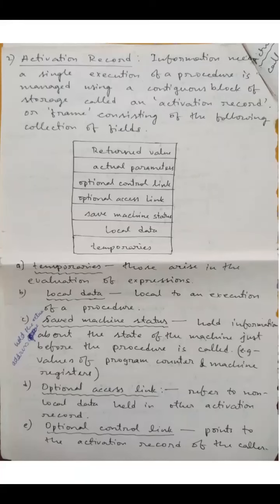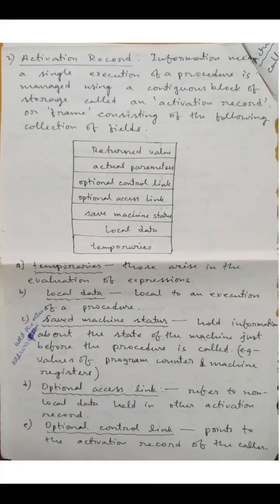So different types of information should be stored by the runtime environment. This information is stored in a record format that is called an activation record. So an activation record looks like this. You already know what a PCB is in the operating system subject.